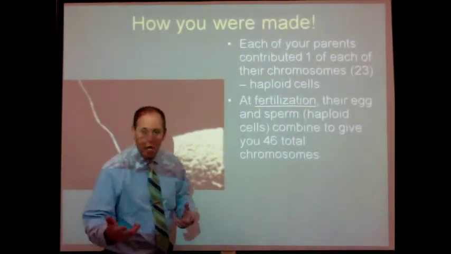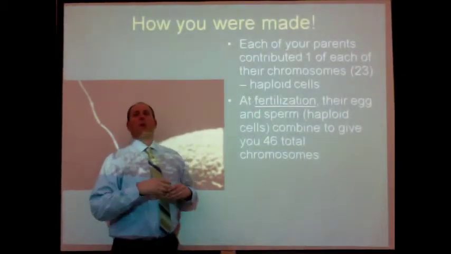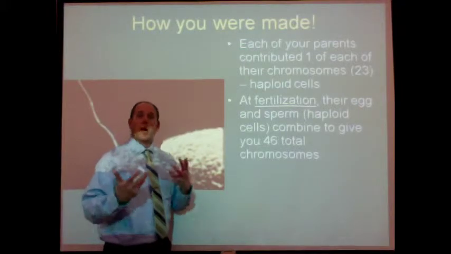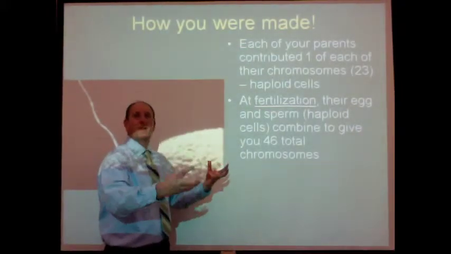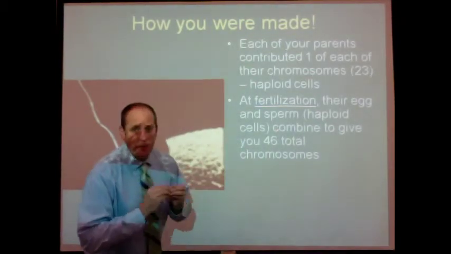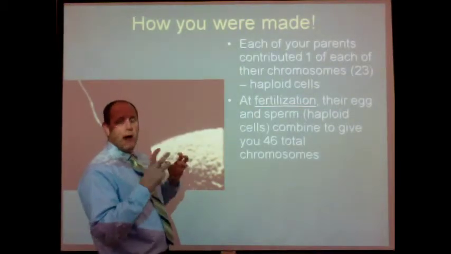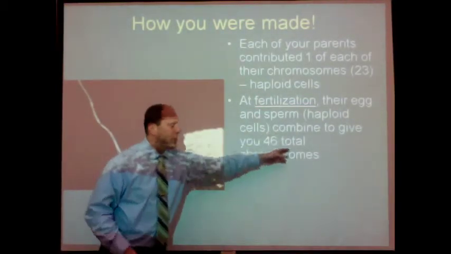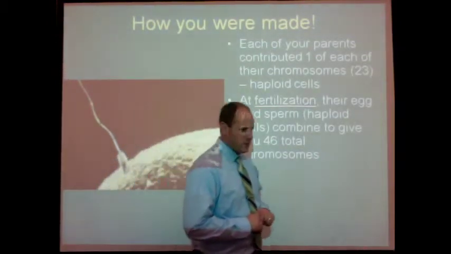They have other numbers. We'll get into those a little bit later on. But in any case, when we're talking about this sexual reproduction, an egg and a sperm coming together, it's a haploid cell and a haploid cell. It doesn't matter exactly what organism it is, as long as it's 2 haploid cells combining to give us that total number of chromosomes.